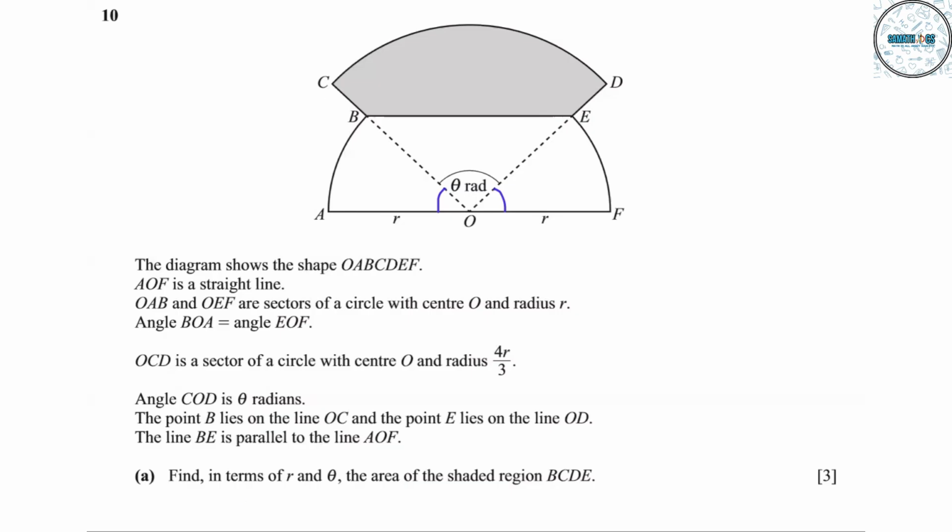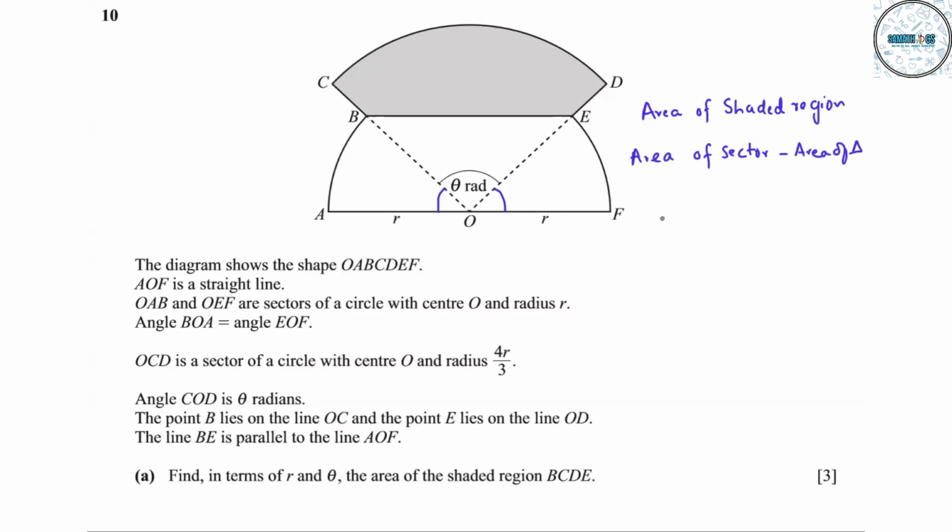So the area of the shaded region is equal to area of sector minus area of triangle.